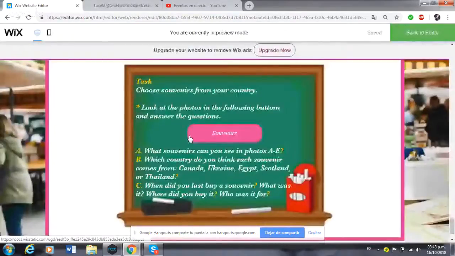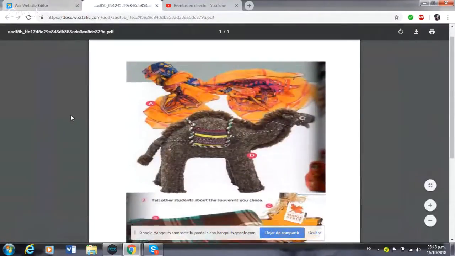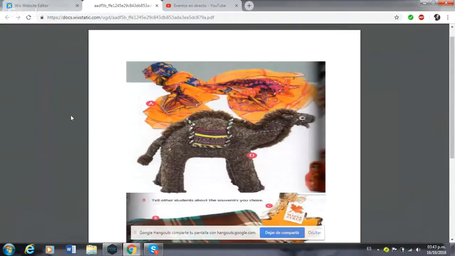Okay, this is a document that you need to look at. Firstly, you need to click on the button and open this document.